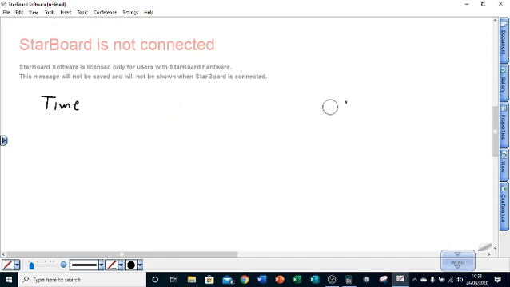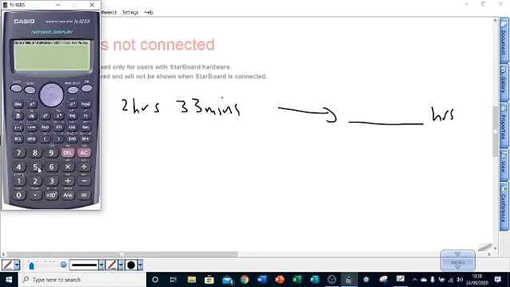So for instance, if I want to put something like 2 hours 33 mins and work that out as a decimal in terms of hours, the first input is always your hours. If you've got no hours, you'd have to put 0, so that's 2 hours.